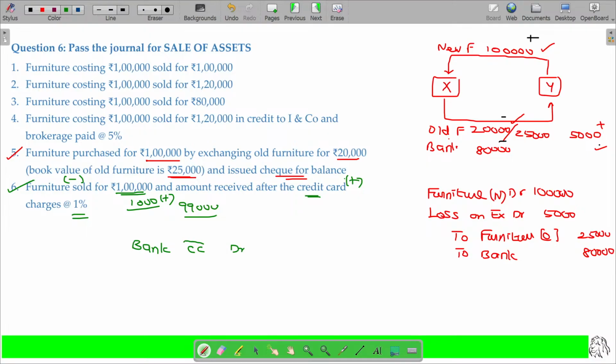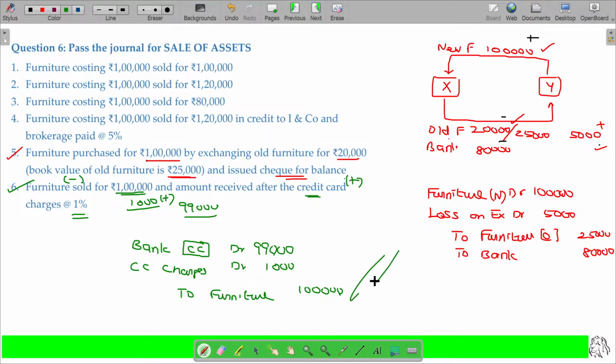This is routed through credit card. We get only 99,000. To furniture, the value being 1 lakh, and the difference of 1,000 is CC charges, credit card charges.